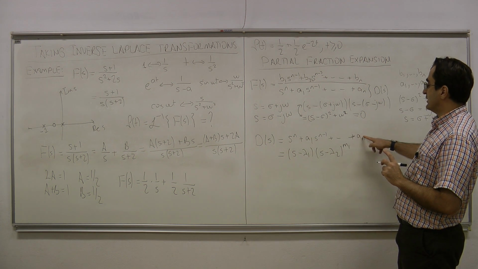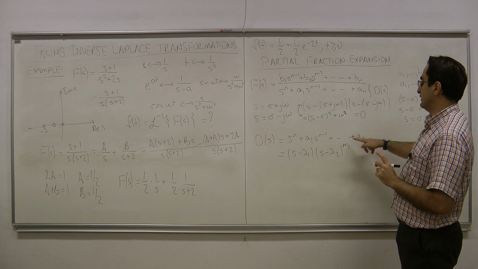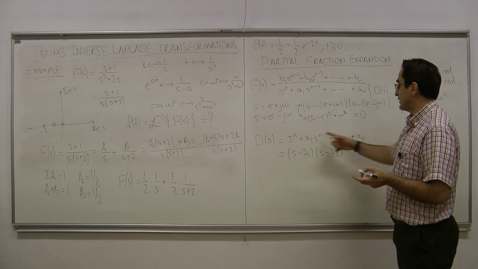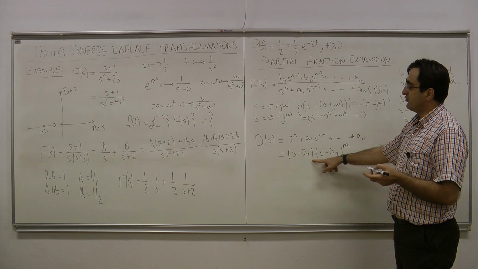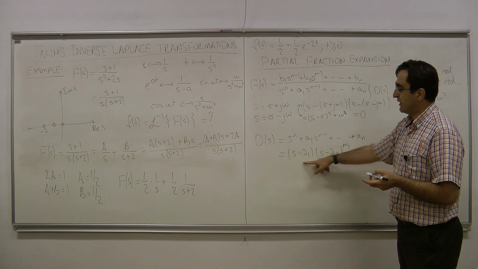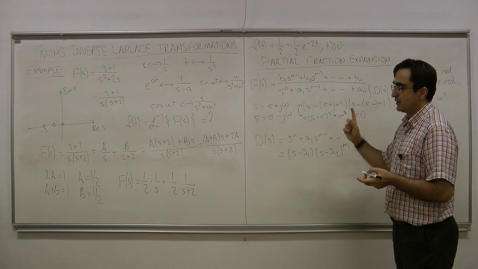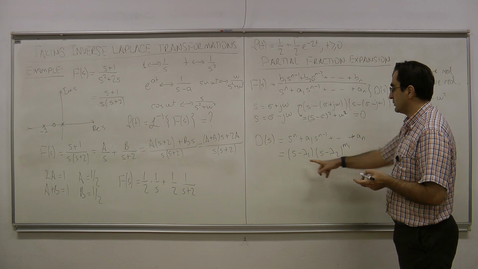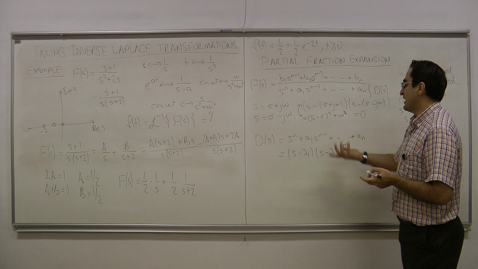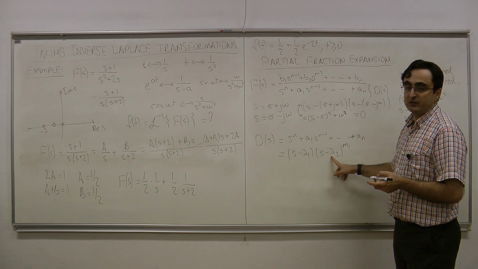The factors of such a polynomial can be a real pole, this is s equals lambda 1, with multiplicity 1, only a single real pole at lambda 1, and there can be multiple poles at a real value.